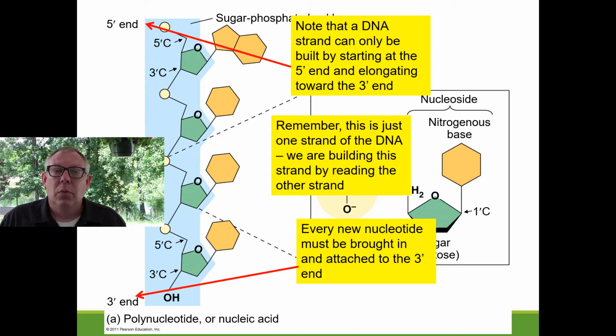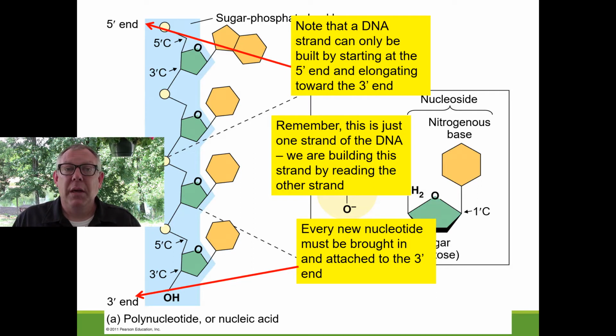And so we can only build a new DNA strand by starting at the 5' end and elongating toward the 3' end. Now again, we're not just building this at random. We're bringing in these nucleotides by reading the other strand. We're only looking at one strand here. But every new nucleotide must be brought in and attached to that 3' carbon, to that 3' end.